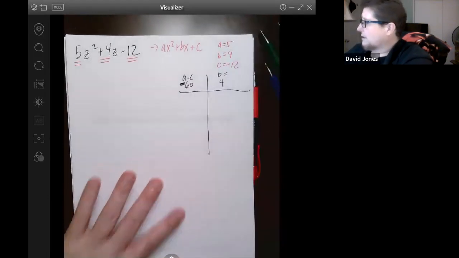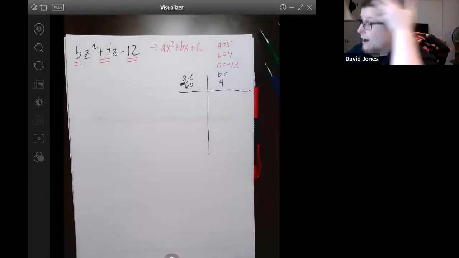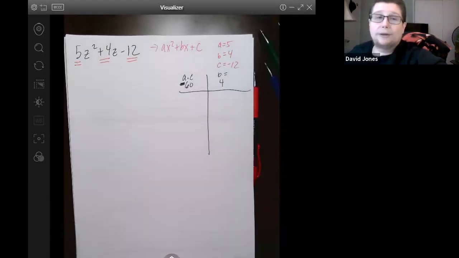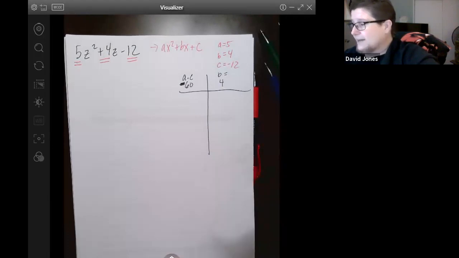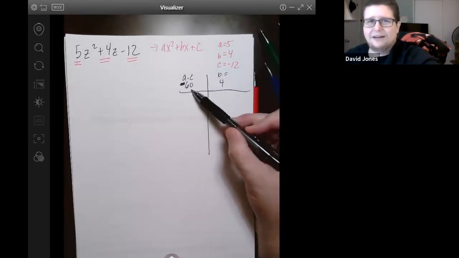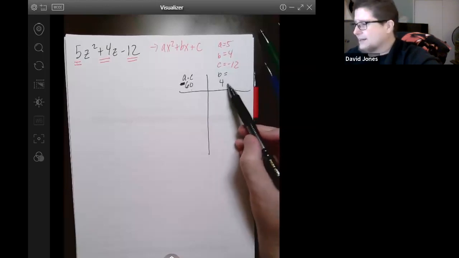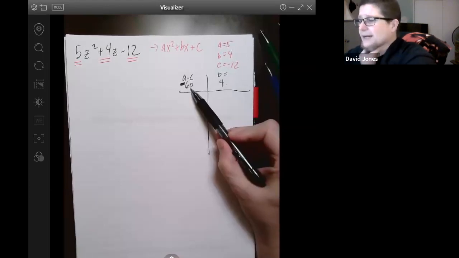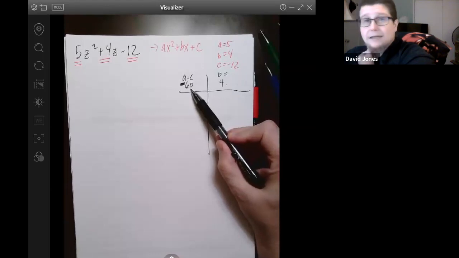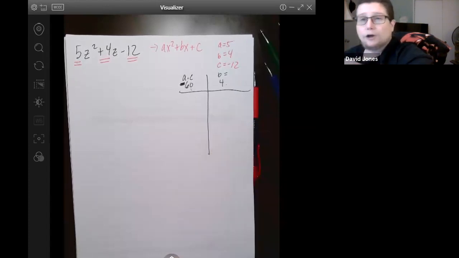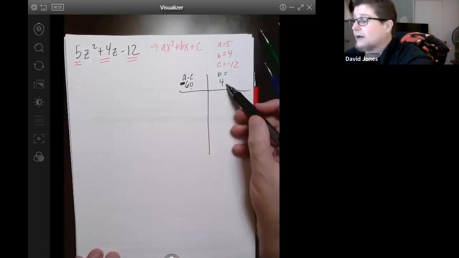All right. Now, pro tip. If this ends up being negative, one of the numbers that multiplies to make it is going to be negative, and one of the numbers that multiplies to make it is going to be positive. When you add them up together, whichever number is bigger should have that sign over here.